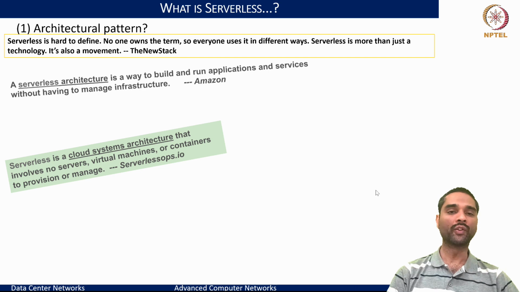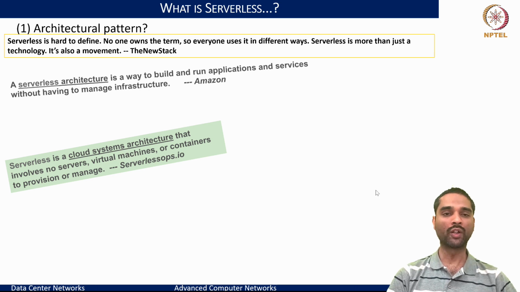Many tried to define serverless as an architecture to build and run applications. When Amazon started Amazon Lambda, it called it a new architectural model where you could run applications and services without having to manage infrastructure. This was the definition from Amazon.